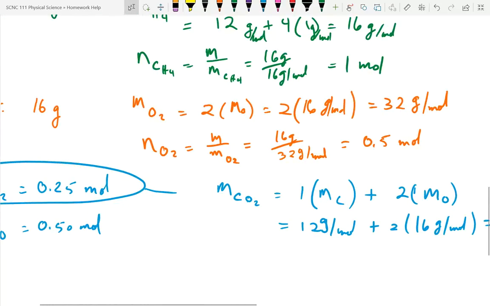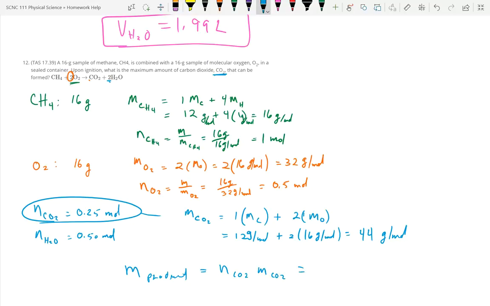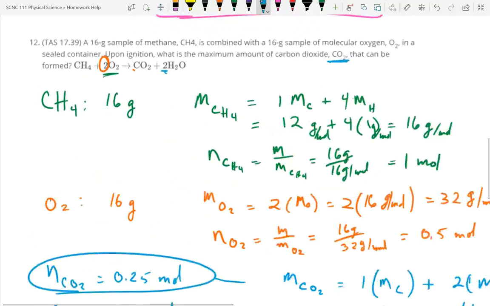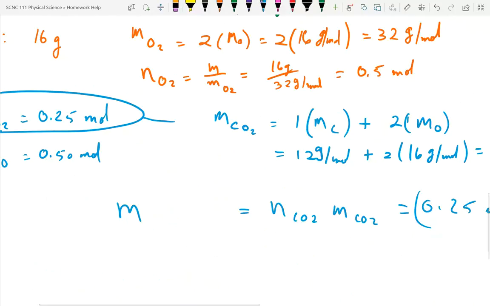So if we're making 1/4 of a mole and it's 44 grams per mole, I just multiply. The mass of the product.